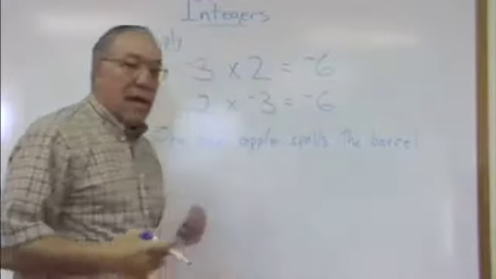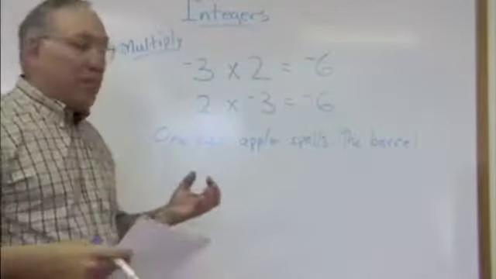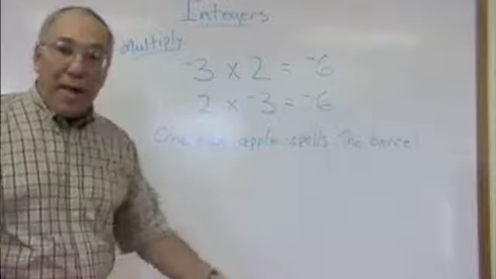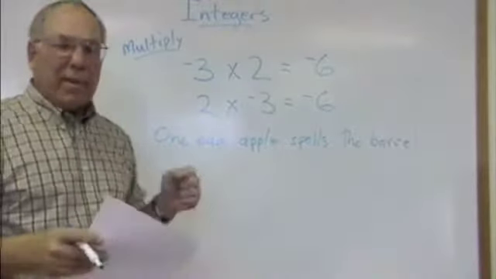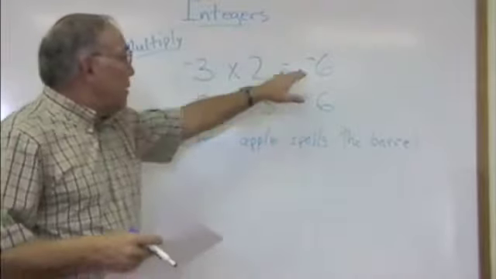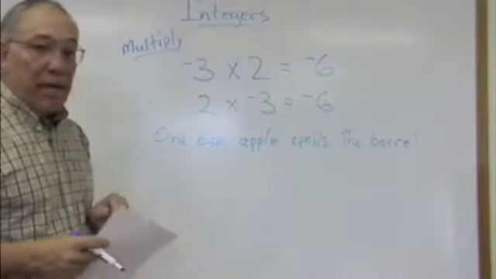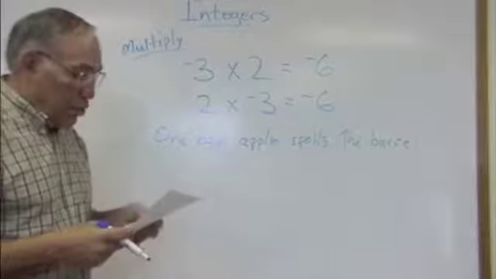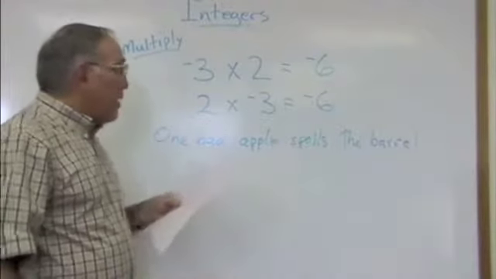I guess when apples used to come in barrels, when one of them got rotten, that rottenness would spread to all of them. So if the signs are different, the answer is going to be negative. If there's just one negative, the answer is negative.